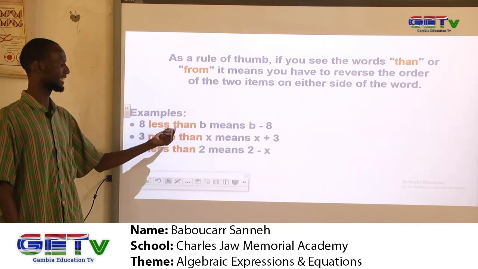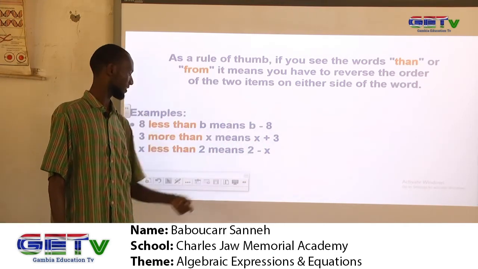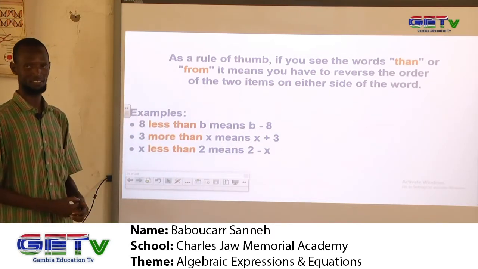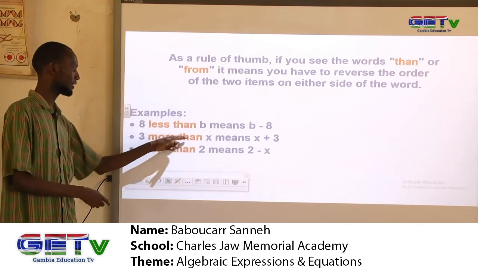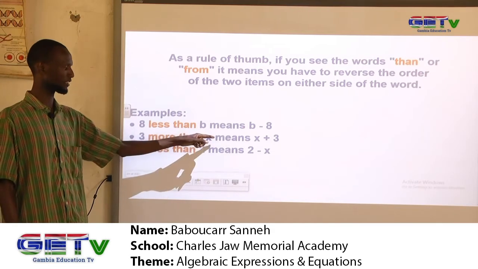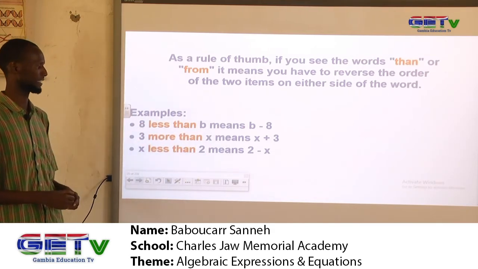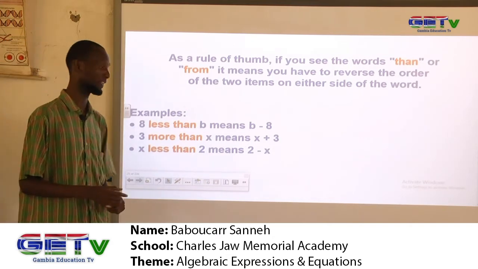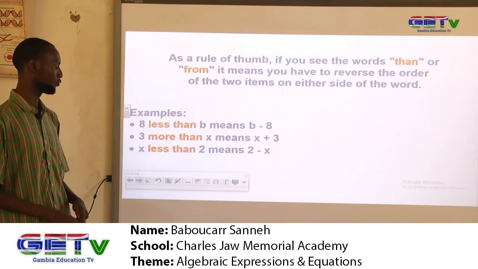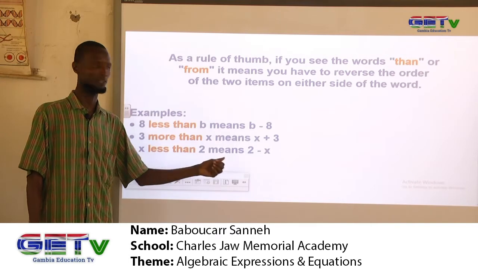So 8 less than B becomes B minus 8. Likewise, 3 more than X. Again, you have the word than there. So I need to switch the 2 items. The first becomes the second, and the second becomes the first. So 3 more than X translates to X plus 3. Then X less than 2, also following the same pattern, will lead you to 2 minus X.